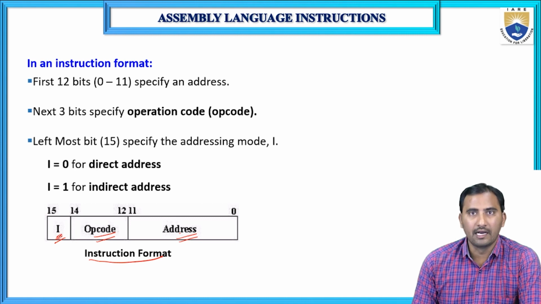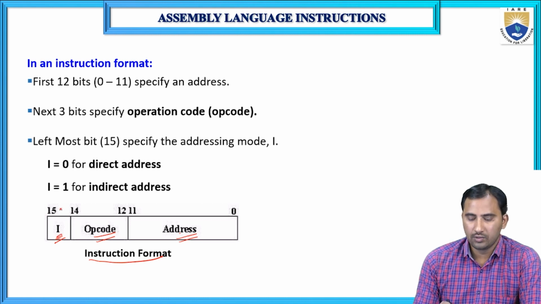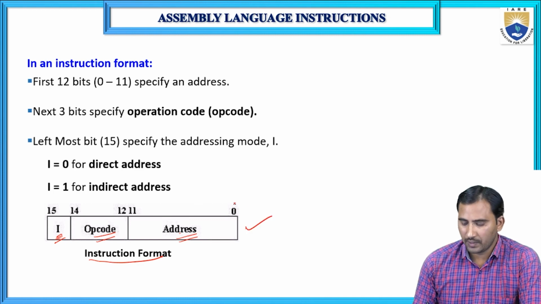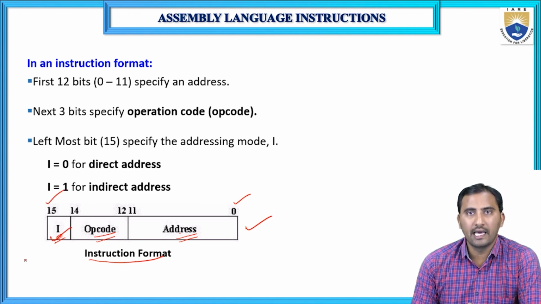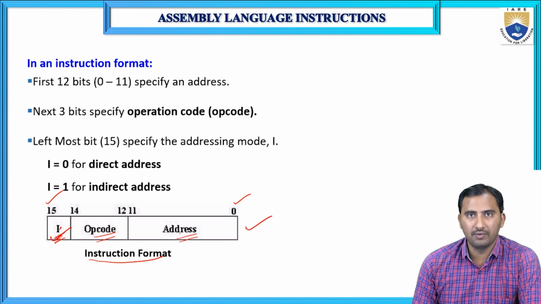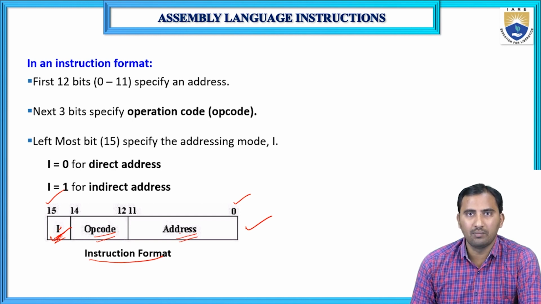And the first field is an indirect bit. Okay. The total size of the instruction format is 16 bits, so 0 to 15. The 15th bit is the indirect bit. I means indirect. This bit specifies whether it is using direct addressing mode or indirect addressing mode.